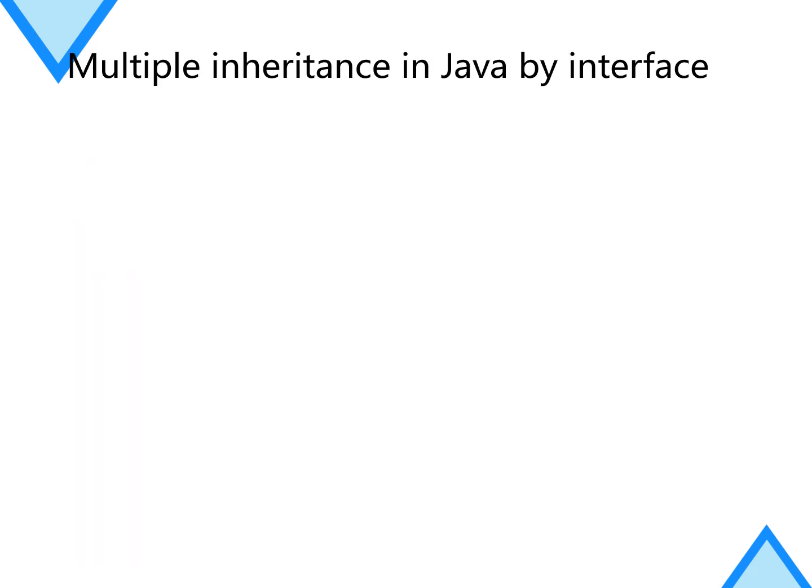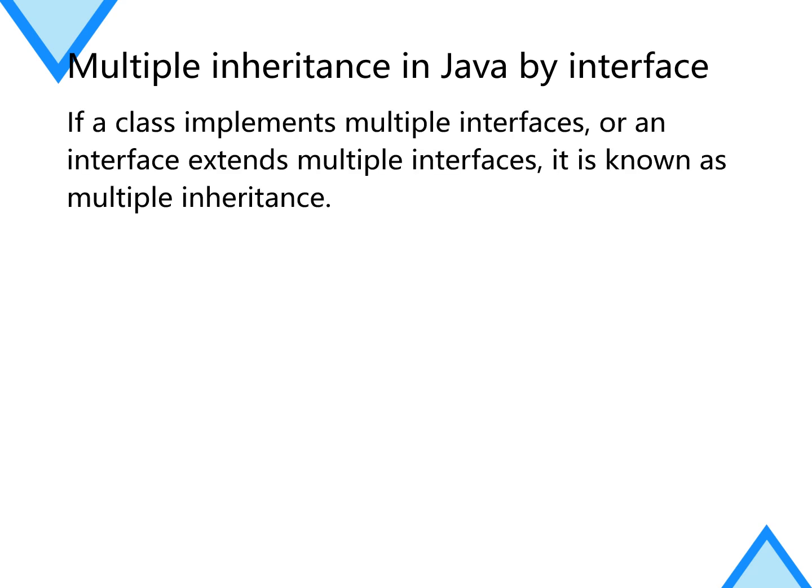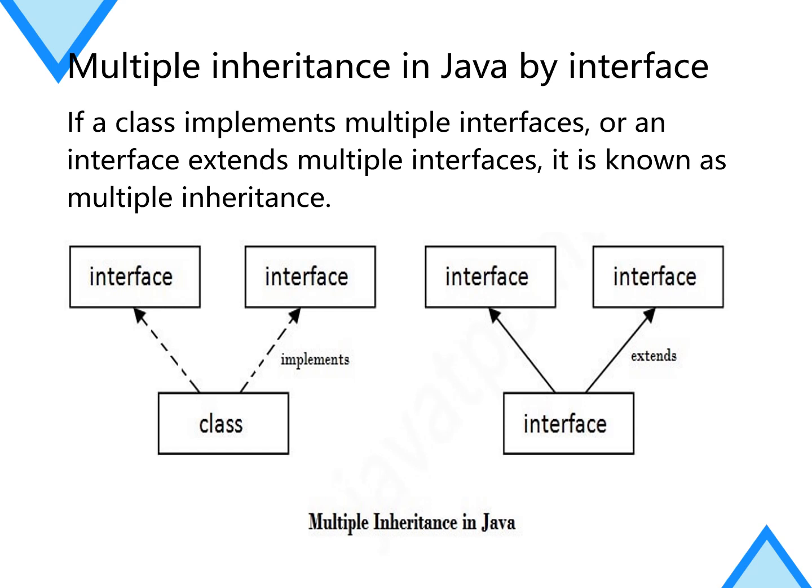Now let's see how multiple inheritance is implemented by interface. If a class implements multiple interfaces or an interface extends multiple interfaces, it is known as multiple inheritance. So we can implement multiple inheritance in Java through interfaces.